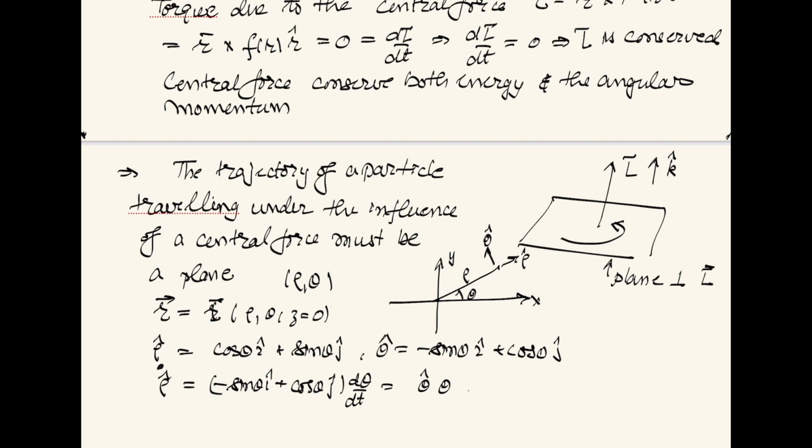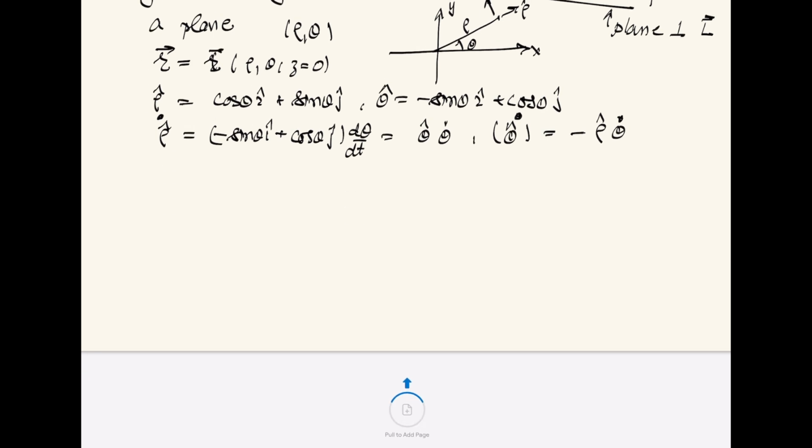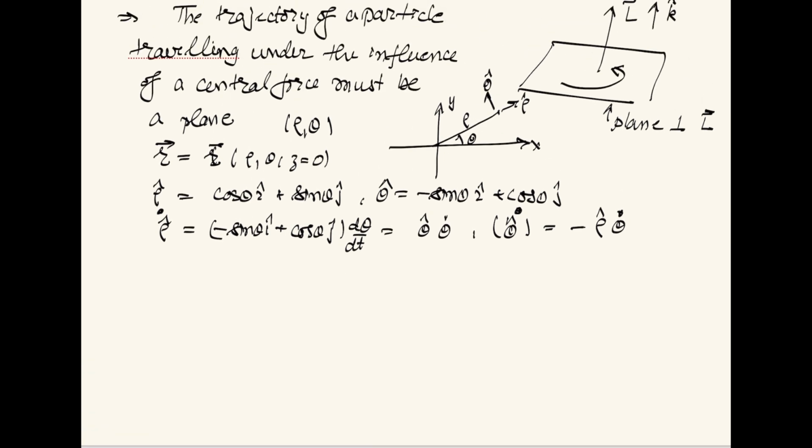Likewise, theta cap dot is going to be equal to minus rho cap times theta dot. Is that right? So we are going to be needing these relations as we go further.